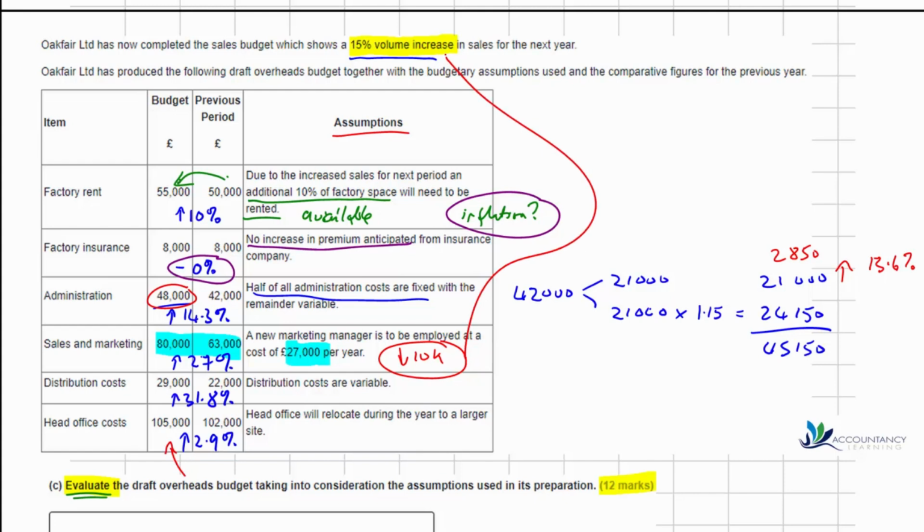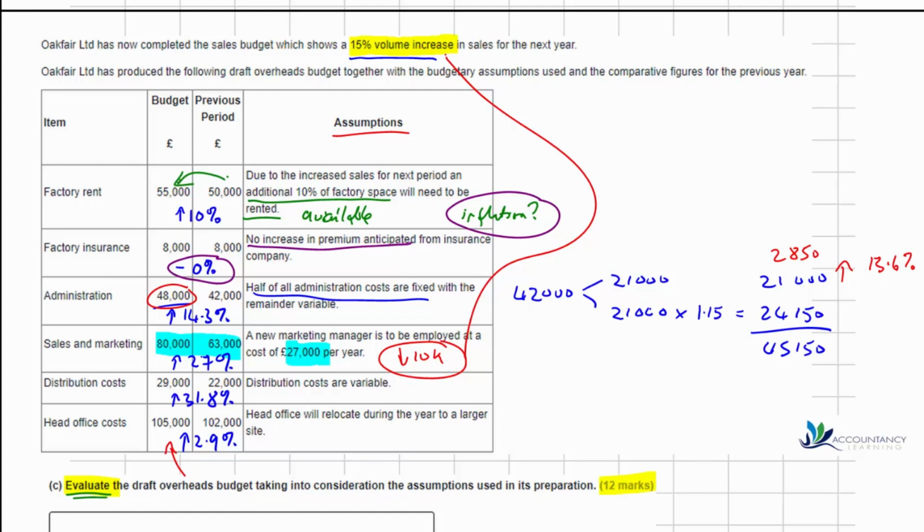So is that going to be down to their new marketing manager? It would seem a little bit odd that if they're going to spend £10,000 less on marketing, then there's going to be a 15% increase in sales volume. So there's a bit of an inconsistency there, which would suggest that their sales and marketing budget, again, looks a bit small for the current year.